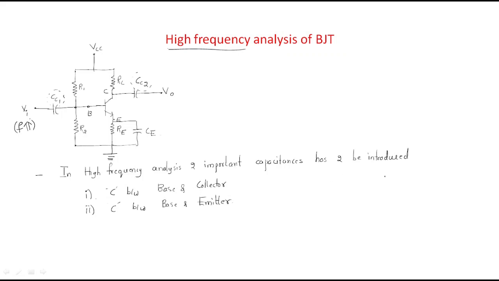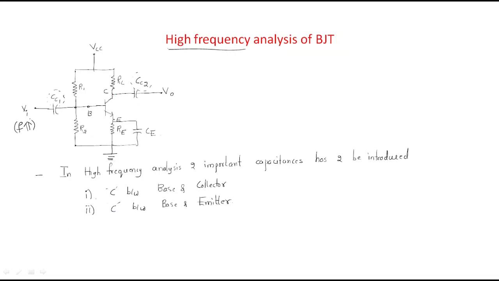Because a capacitance is generally formed between two conductive areas. The base is one conductive area, the collector is another, and the emitter is another.